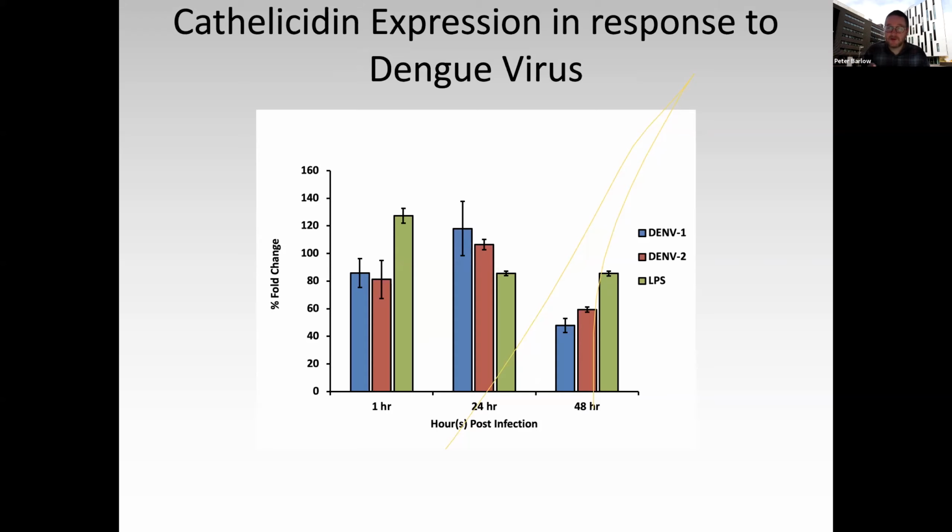Now, this is quite interesting. This is very early stage work, but this suggests to us that if dengue virus has the potential to decrease the amount of host defense peptides being released, there could be benefit in treatments that would boost the antiviral response to dengue.